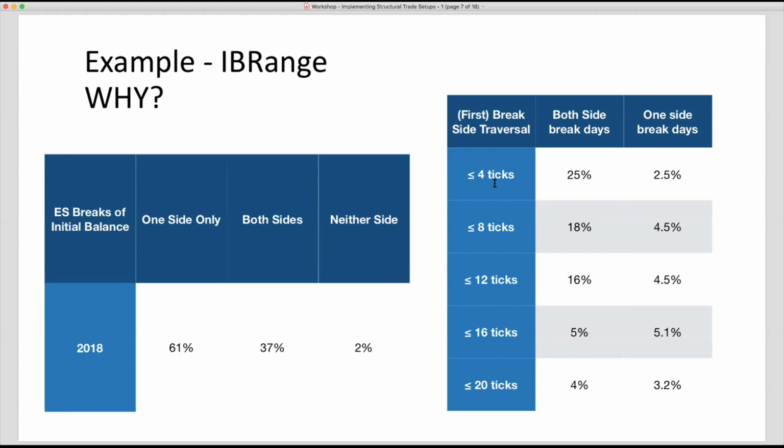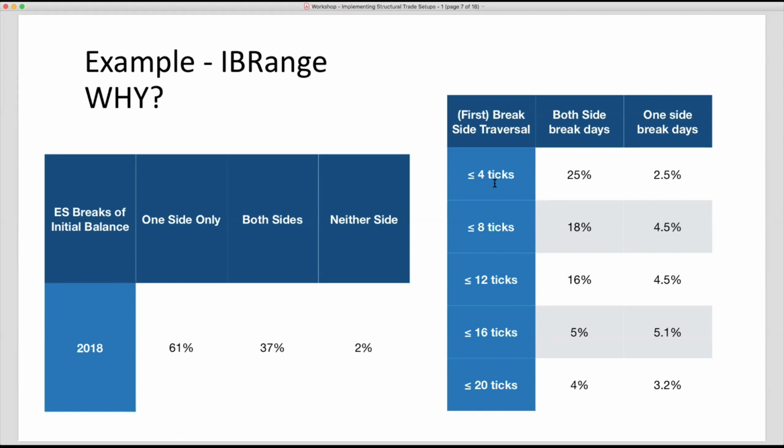And that's what got me very interested in the statistics, because I thought, if I can see repeatable behavior, then I can start to understand setups and exploit this repeatable behavior, because I can build procedures around what to trade and how. So within this setup, we know that 37% of times during 2018, ES broke both sides of the initial balance. Let's start to analyze the nature of these breaks.